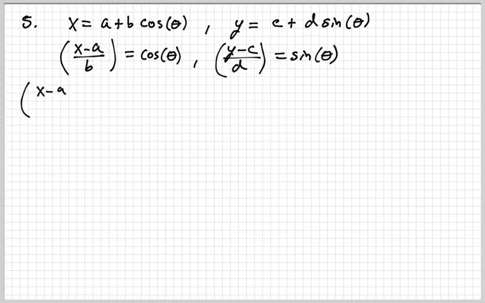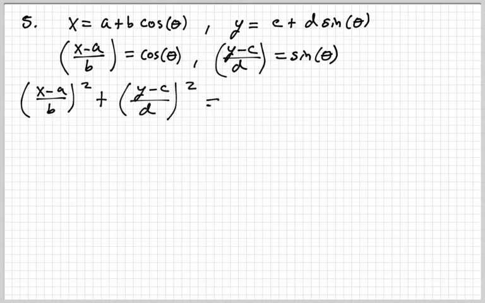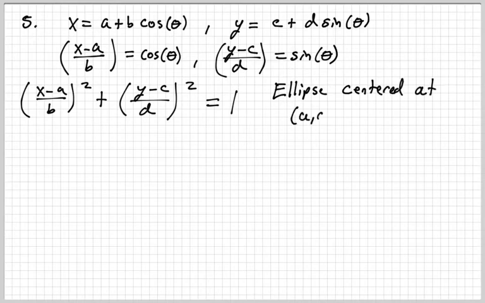Using our Pythagorean identity, cosine squared plus sine squared is equal to 1. And so this is going to be an ellipse centered at (a, c). We're going to also make the assumption that b and d are greater than 0 here.